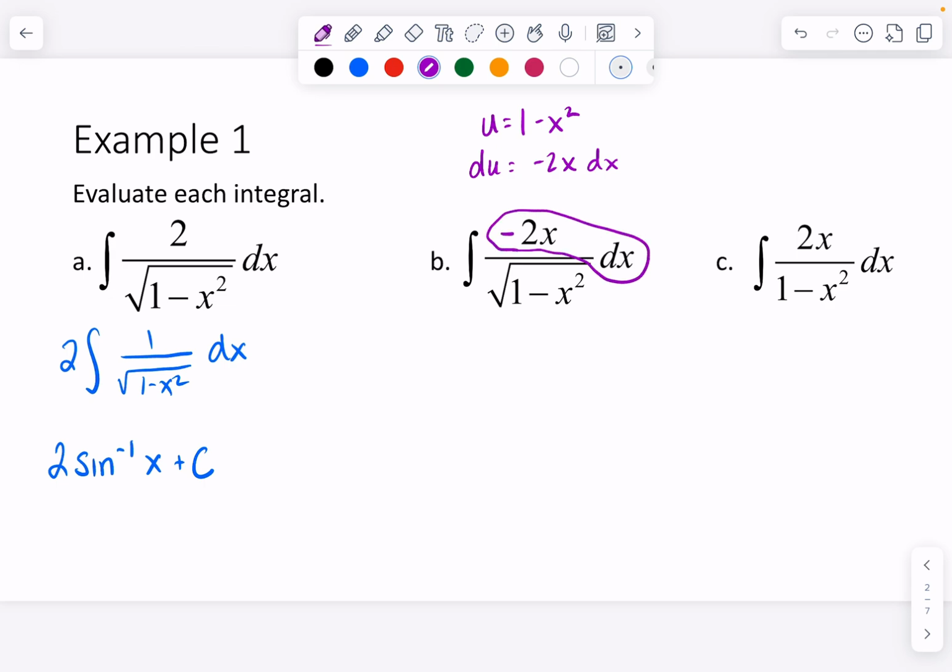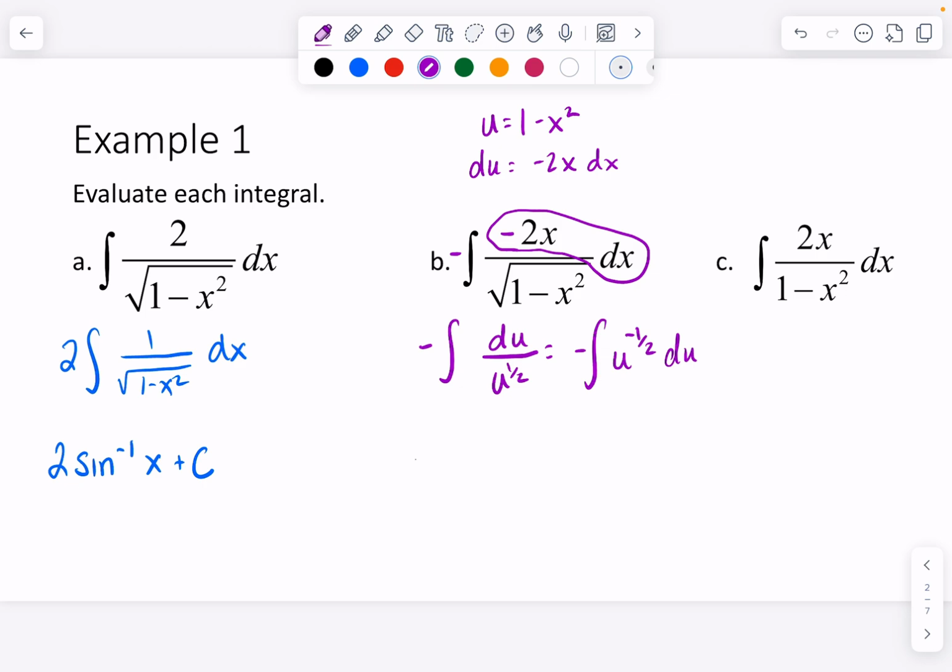I just need a negative inside, negative outside. So that turns that to the integral of negative 2, we have a du on the top, and we have our u to the 1/2 power. I like to write that a different way. It just helps me visualize and get the correct answer. So I write that as u to the negative 1/2 du.